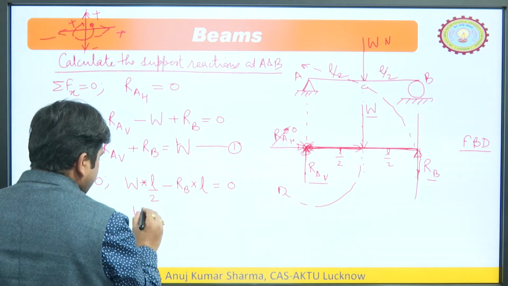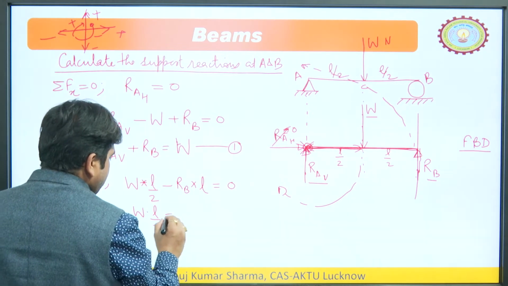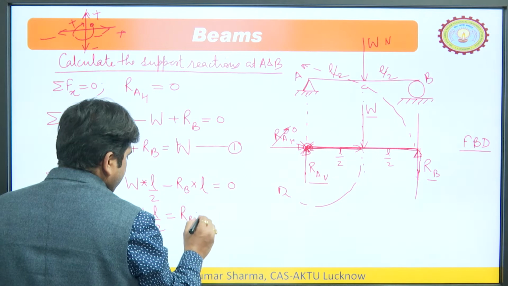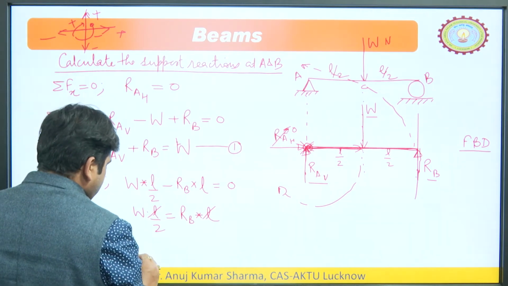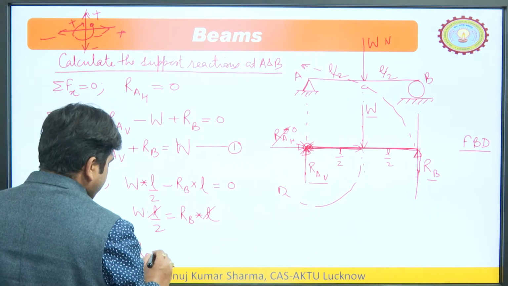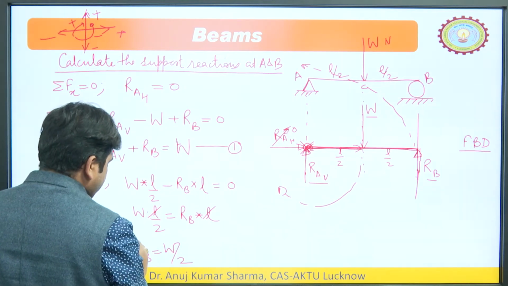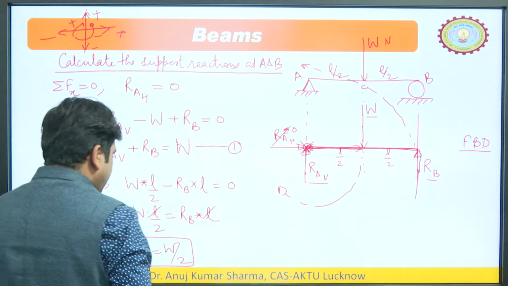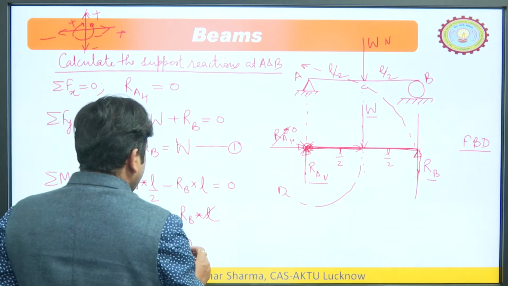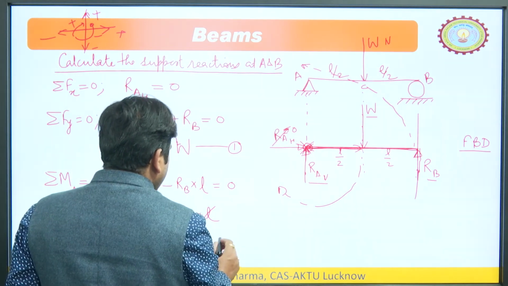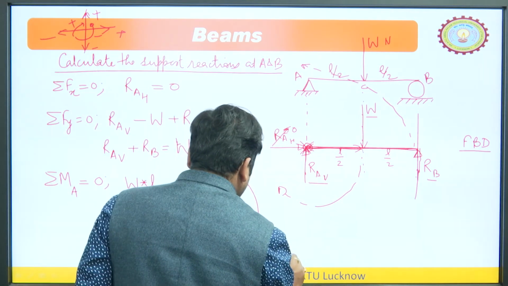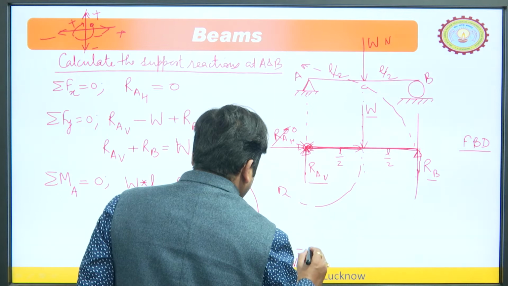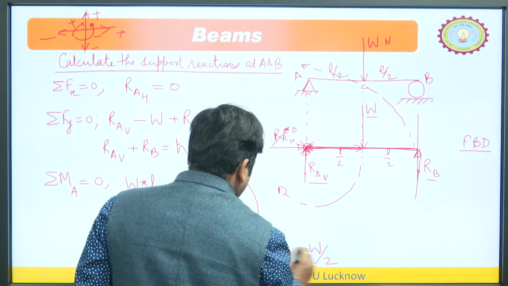So, W into L by 2 equals R B into L. L cancels out, so R B equals W by 2. This is equation number 3. You put this value here, and you will get R A vertical again as W by 2.